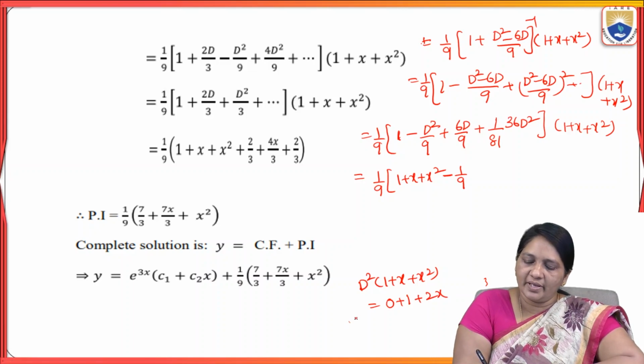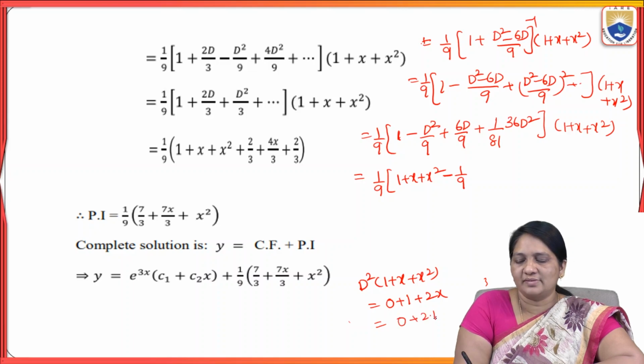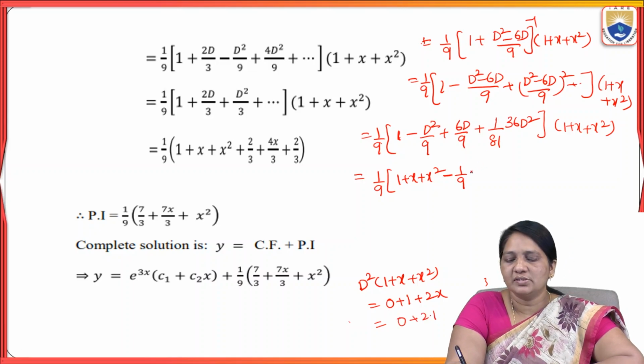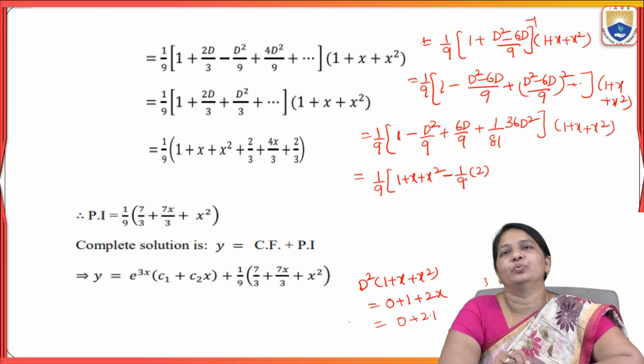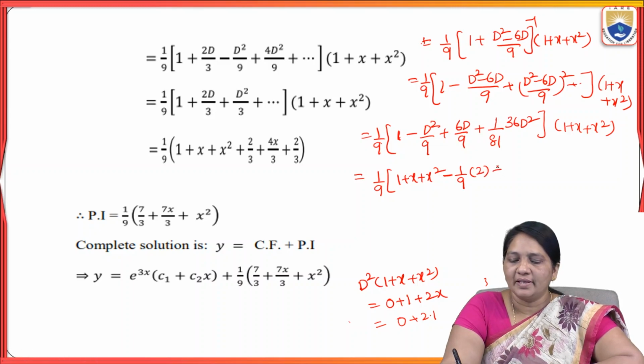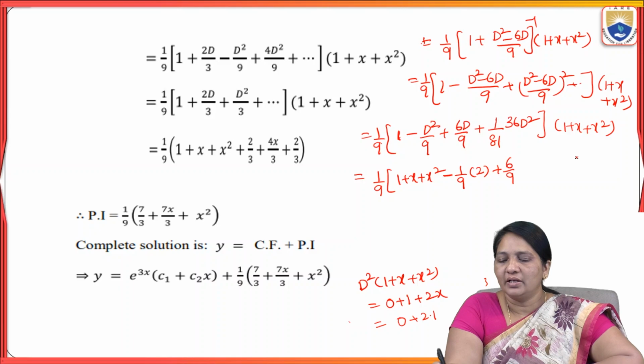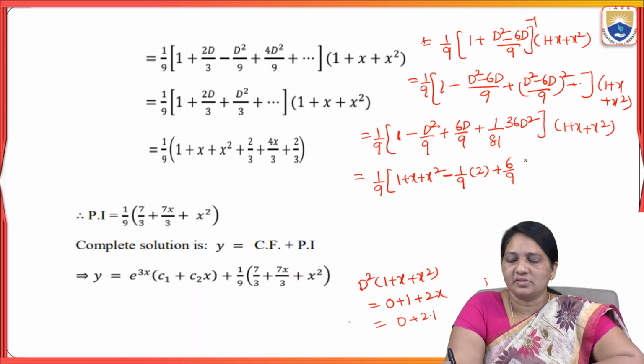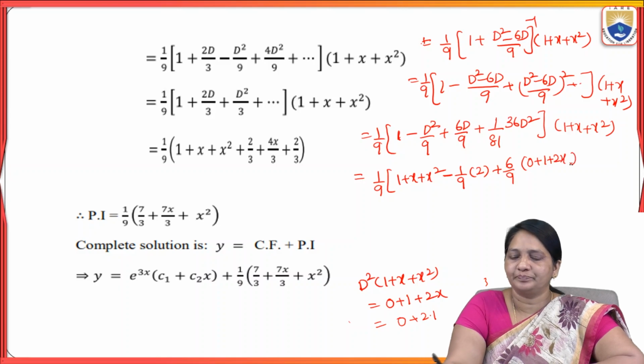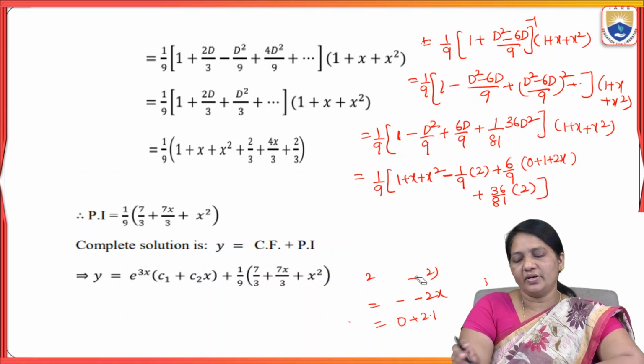If you apply D again, 1 is 0 plus 2 into x is 1, so this value is 2. Then plus 6 by 9 D of 1 plus x square, so 1 is 0 and x square is 2x. In the same way, 36 by 81, D square of that value is 2. So this is the final term.